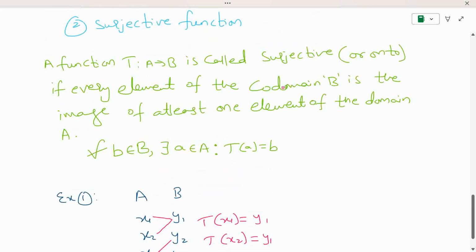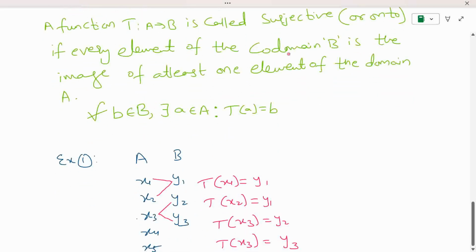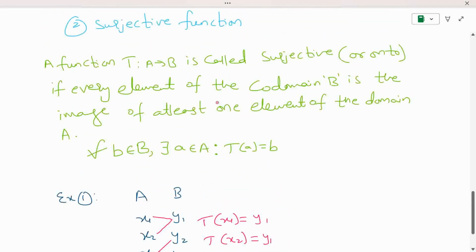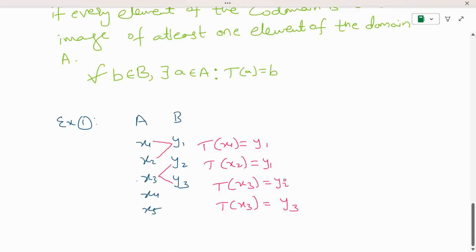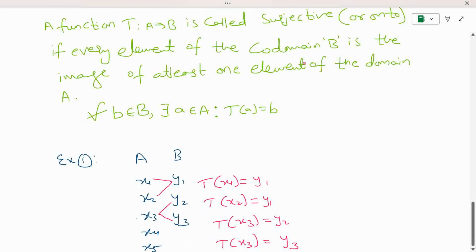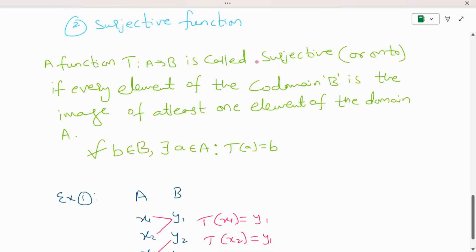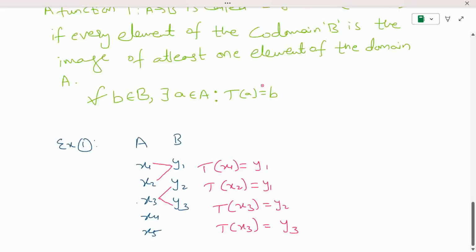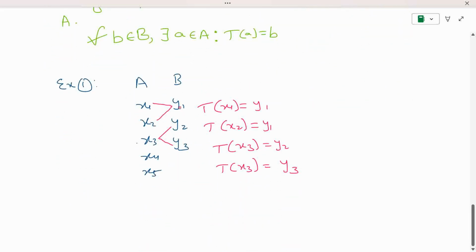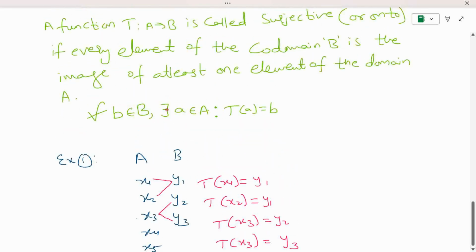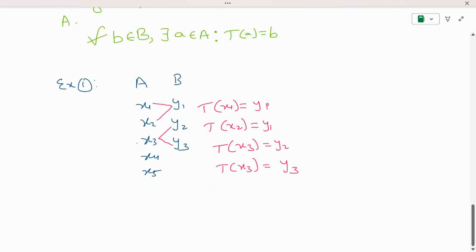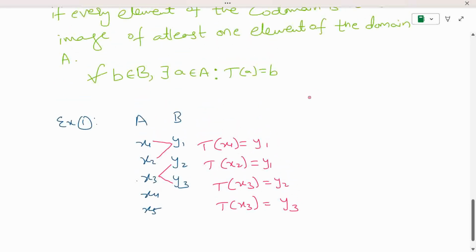So now let's see the condition: every element of the codomain B, here y1, y2, and y3, is the image of at least one element of the domain A. So for y1 we have two elements, for y2 we have one element, and for y3 we have one element.